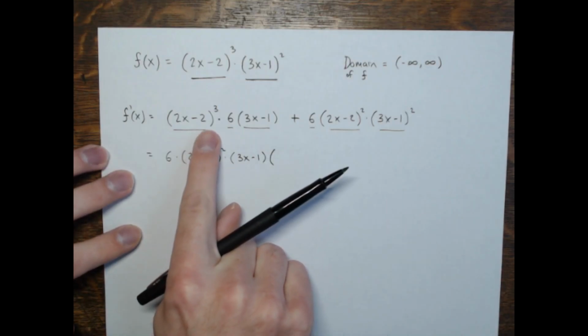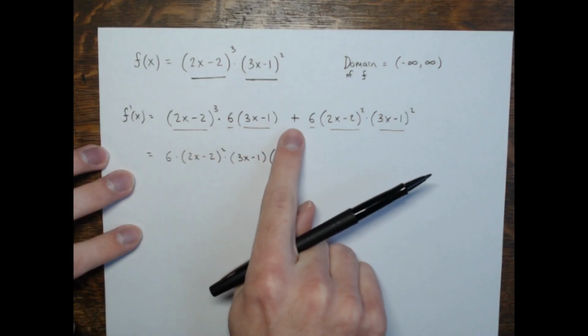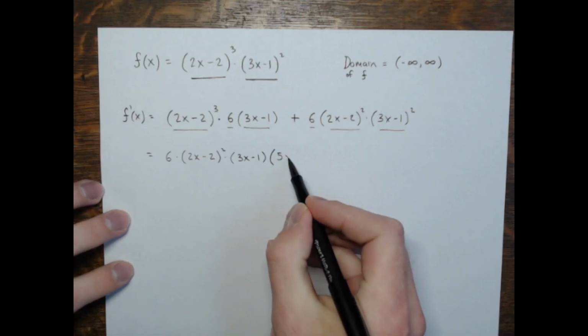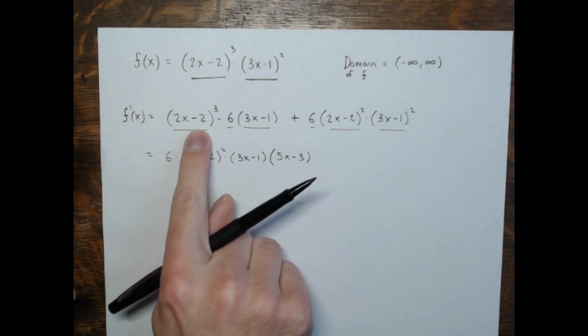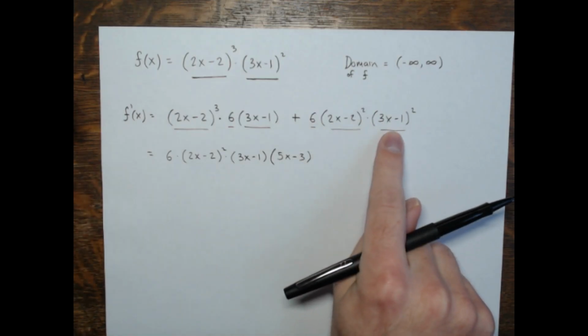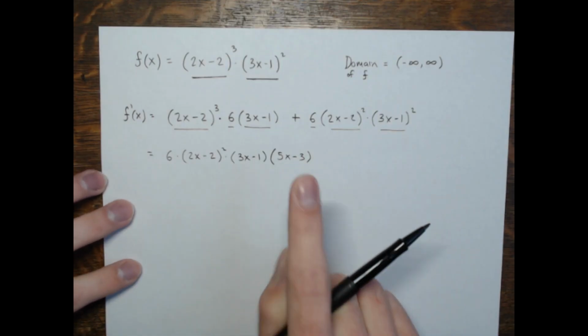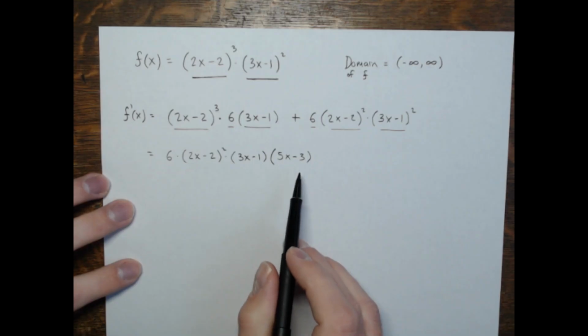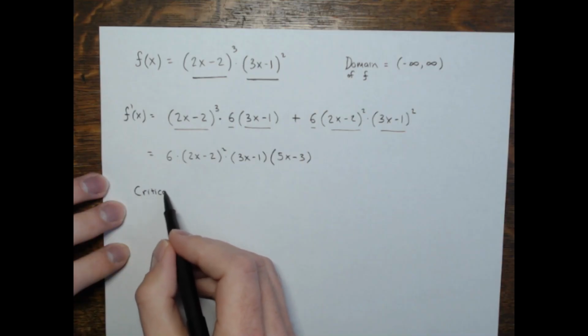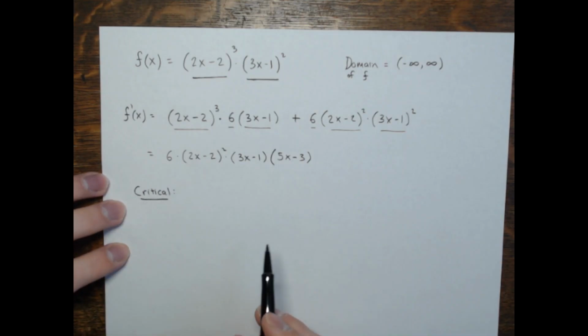You'd have a 2x minus 2 here, plus a 3x minus 1 here. Add those up, and that'd be 5x minus 3 for the other factor. So now it's in a nice factored form where you can easily see what the critical values are going to be, without multiplying it all out.